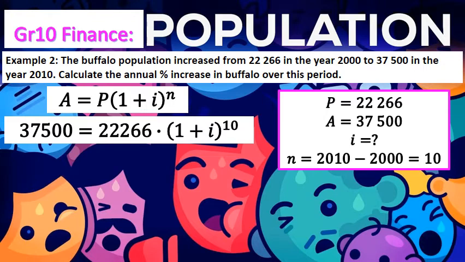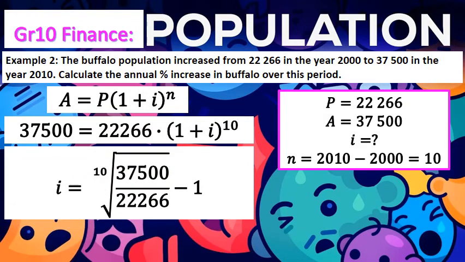To undo multiplying, you divide by that figure on both sides. Thereafter, you need to undo or reverse raising the power to 10. So we apply the 10th root. Thereafter, we subtract the 1 and we have made I the subject of the formula.